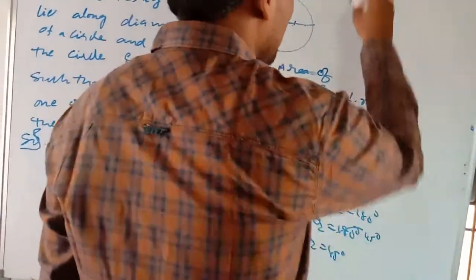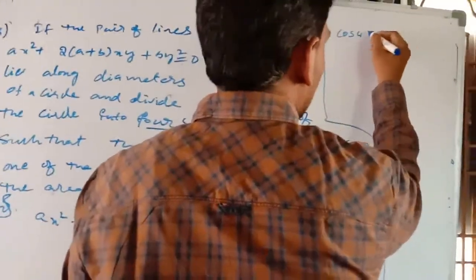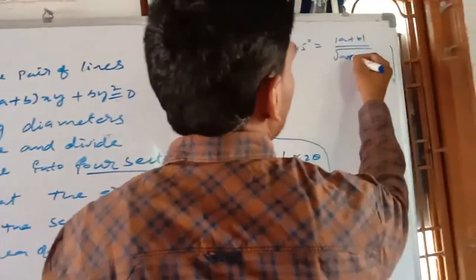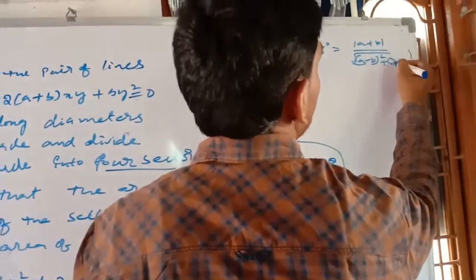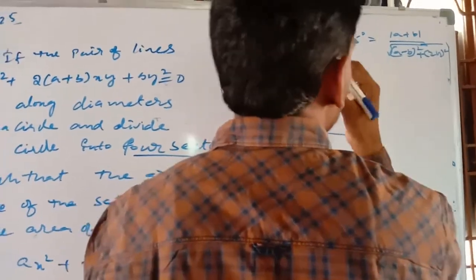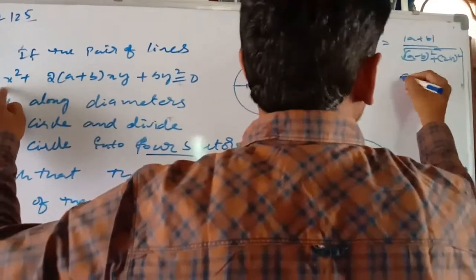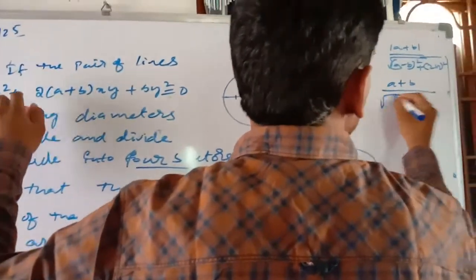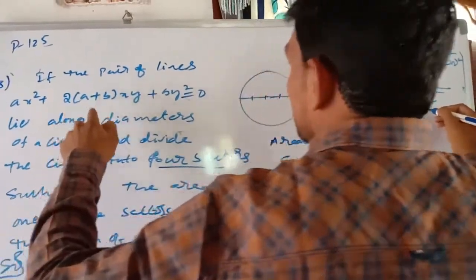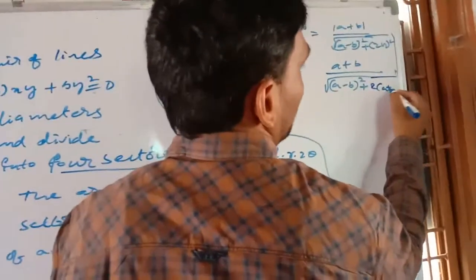Now here cos theta, that means cos 45 degrees is equal to modulus of a plus b by root of (a minus b) whole square plus 4h square. Now cos 45 is 1 by root 2, and for this pair of lines we observe that a is a and b is b, and also 2h is equal to 2(a plus b).